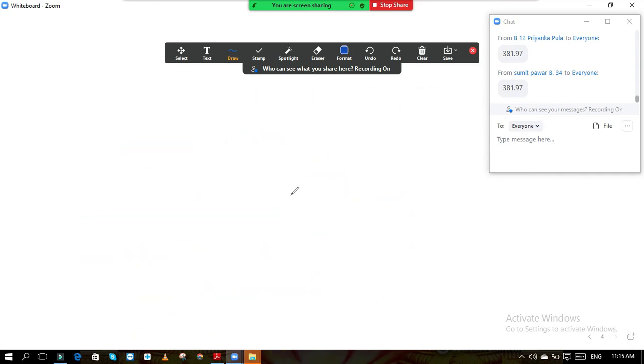Here, total area of steel is equal to AST1, that is the area of steel in the singly reinforced section, plus the area of steel in the additional section. What is our total AST?